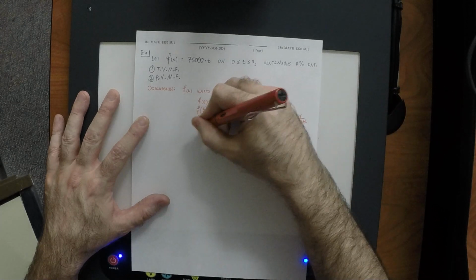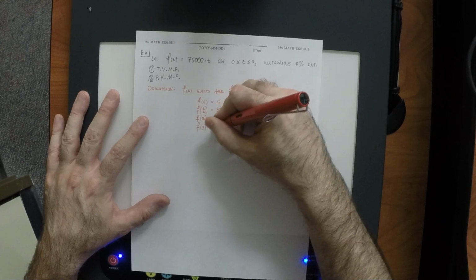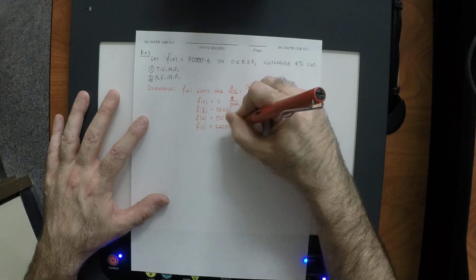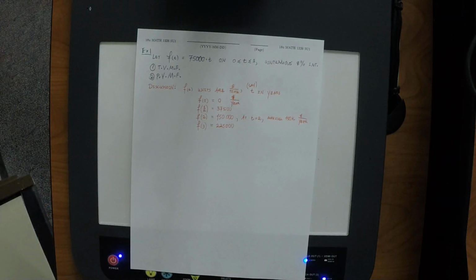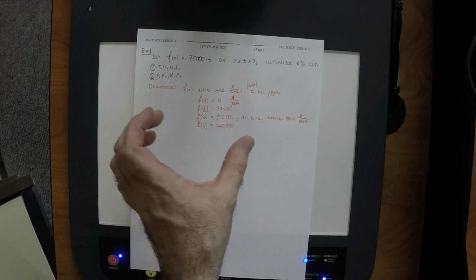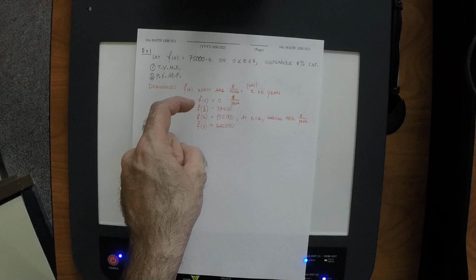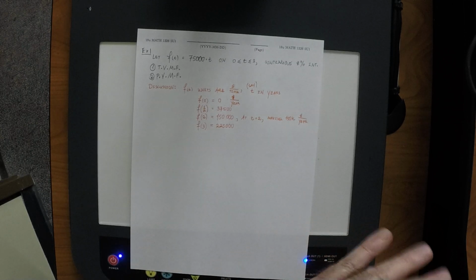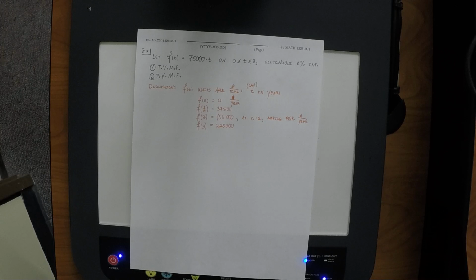Okay, and then at 3, that'd be 225. And what that means is that you'd be making $225,000 per year. So this is a business where you start out making no money, and then you're making more and more money all the time. So this doesn't mean the amount of money you have.